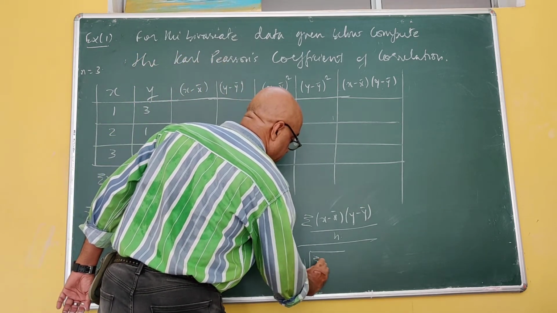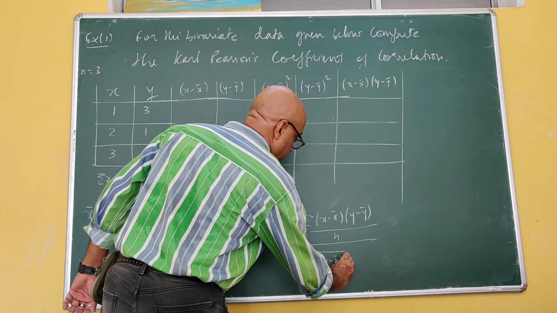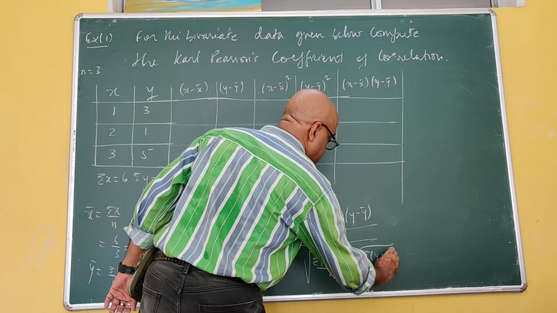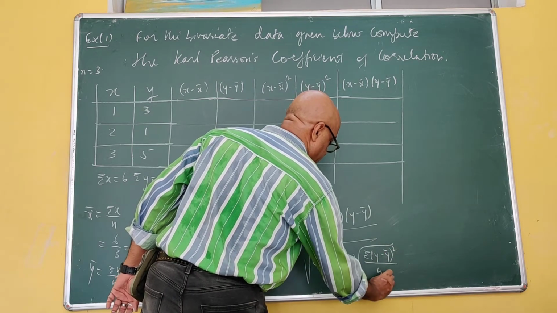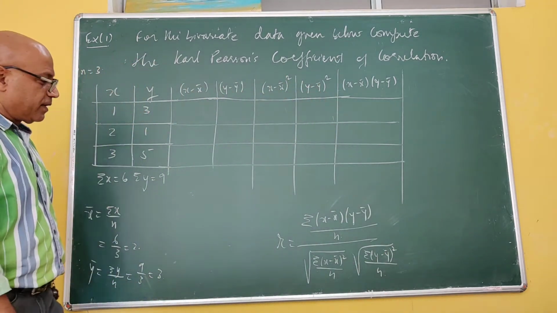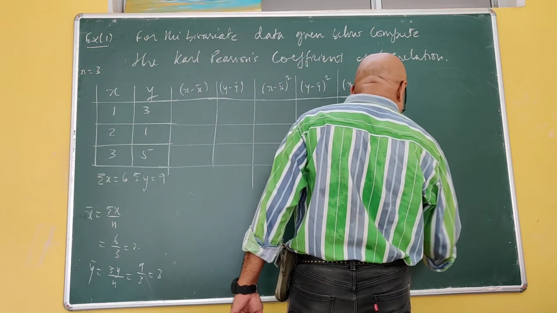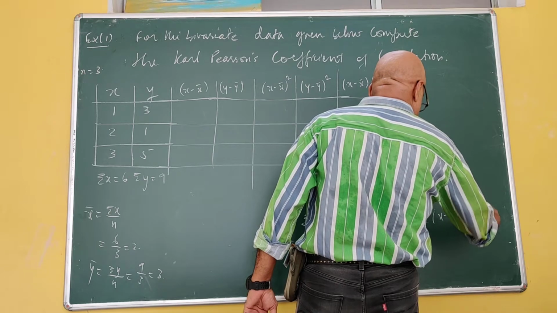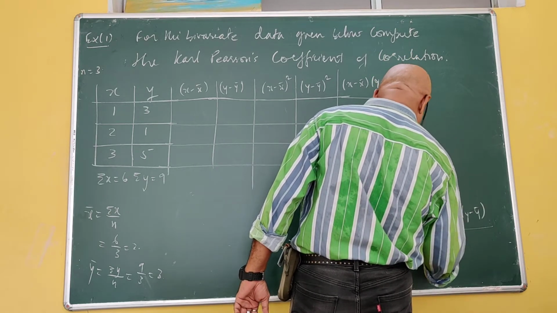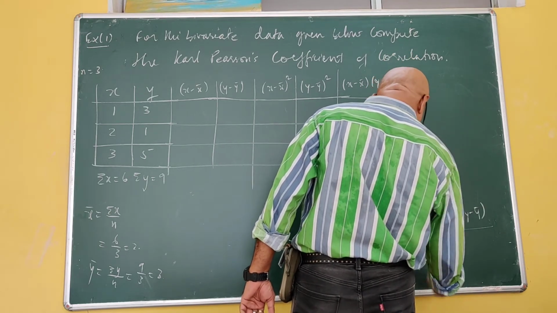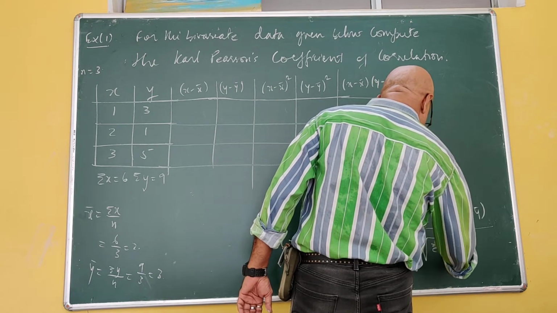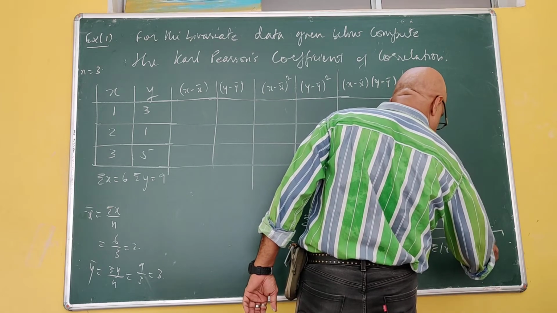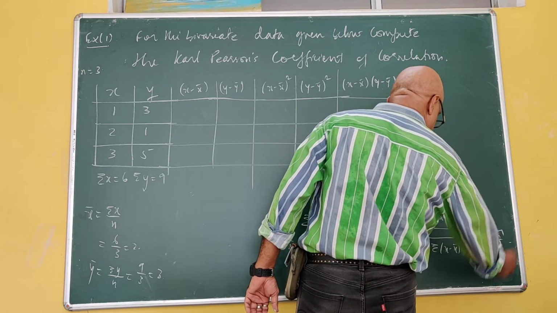We have summation x minus x bar the whole square divided by n, square root of summation y minus y bar the whole square divided by n. Well, actually we don't even have to write that n. You can simply write this as summation x minus x bar, y minus y bar divided by square root of summation x minus x bar square, summation y minus y bar square.